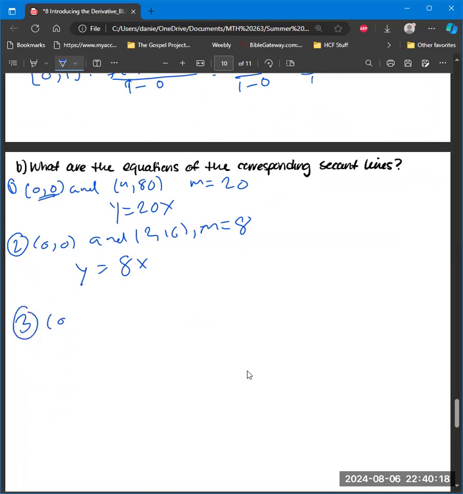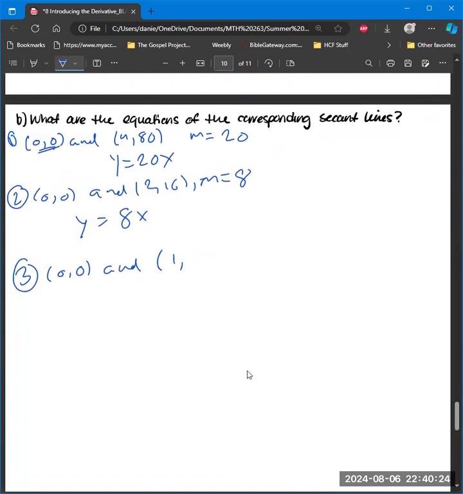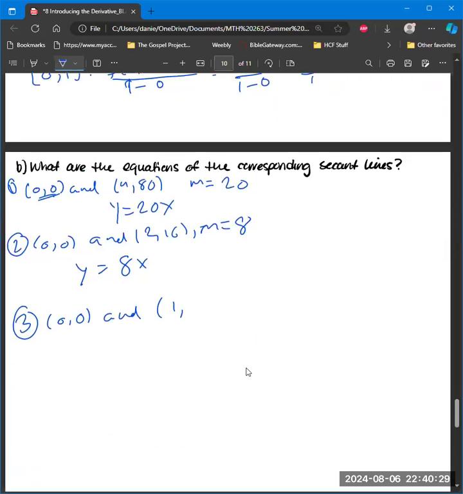So y equals 8x. And now we have 0, 0, and 1, 5, and our m is 5. So y equals 5x.